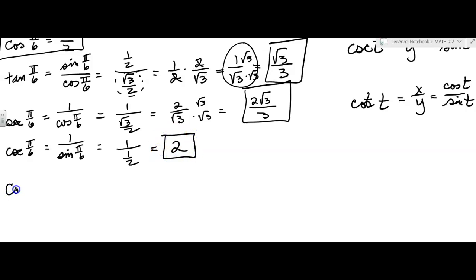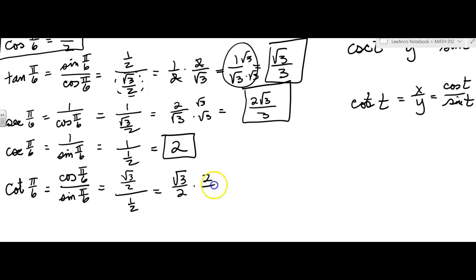So cotangent of pi over 6 is going to equal cosine of pi over 6 over sine of pi over 6. And in our case, let's see, what was our cosine of pi over 6? Square root of 3 over 2. And our sine was 1/2. So you're going to have the square root of 3 over 2 times 2 over 1, or the square root of 3.